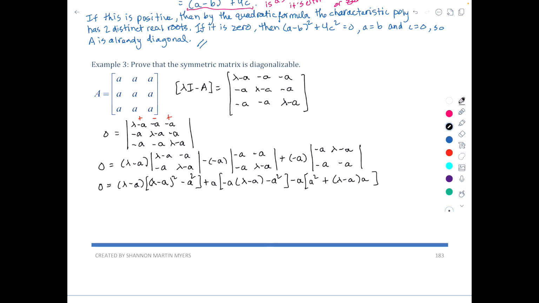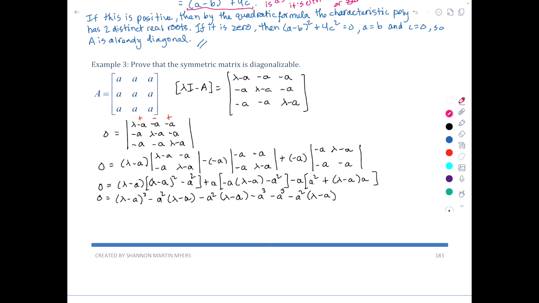Cool so far? Awesome. All right, so now we will have lambda minus A, the quantity cubed, minus A squared times lambda minus A. And then we'll have minus A squared times lambda minus A, minus A cubed, minus A cubed, minus A squared times lambda minus A. So let's see if we have any like terms.